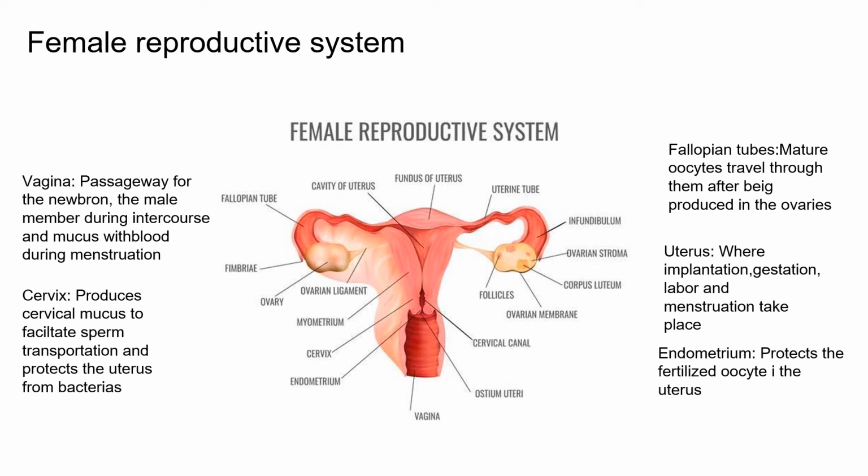The vagina is the passageway for the newborn, the male member during intercourse, and the mucus with blood during menstruation. And lastly, the cervix produces cervical mucus to facilitate sperm transportation, and it also serves as a protection for the uterus from external bacteria.